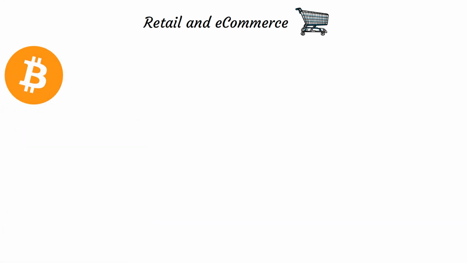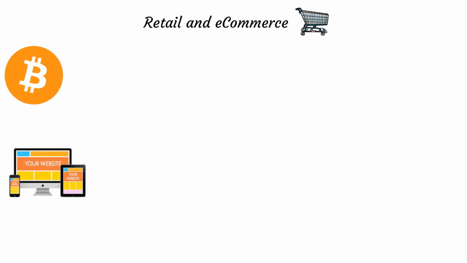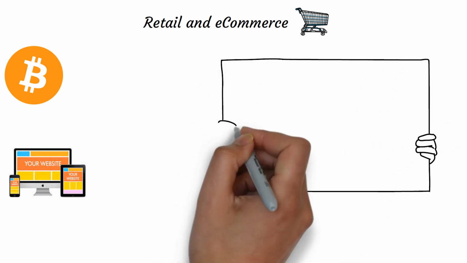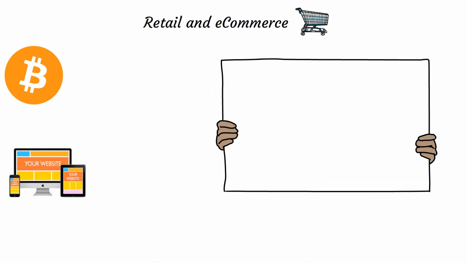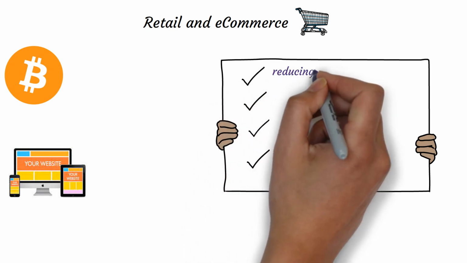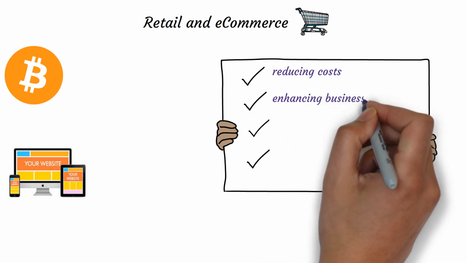Retail and e-commerce. Bitcoin, one of the financial use cases of blockchain, enables users to make purchases on websites and applications that accept Bitcoin as payment. Because blockchain-based online financial transactions are more secure, adopting blockchain applications benefits both brands and consumers.